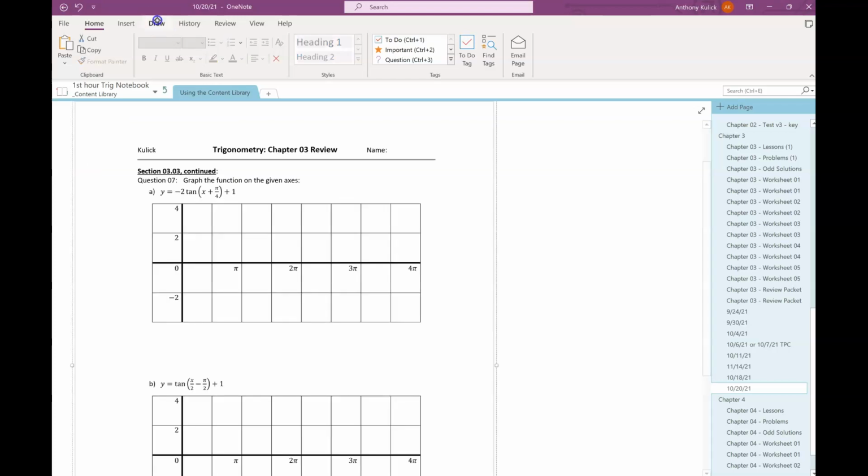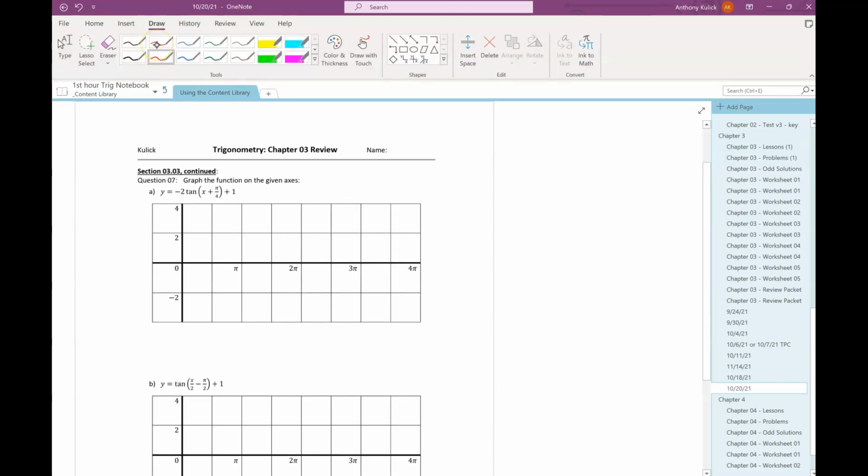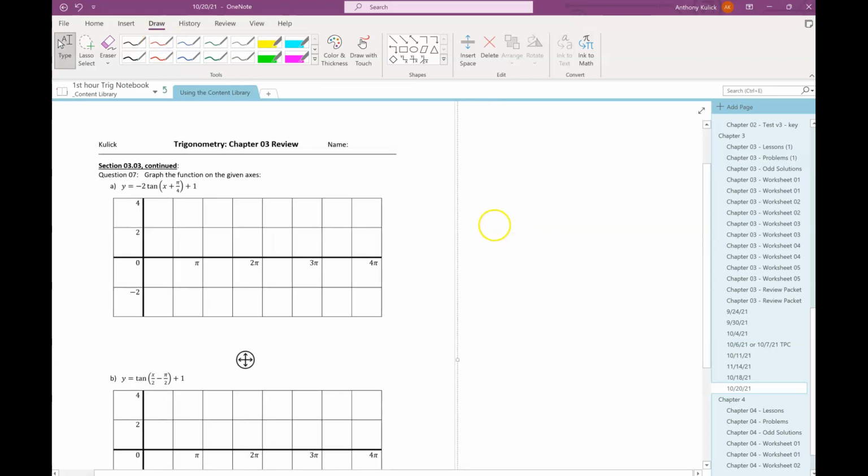All right, so it's a graphing problem. The first thing I want to do before I start any of these kinds of graphing problems is identify my values for A, C, H, and K. And to do that, I'm going to be looking at my equation. What I want to do first is to check the coefficient on x.